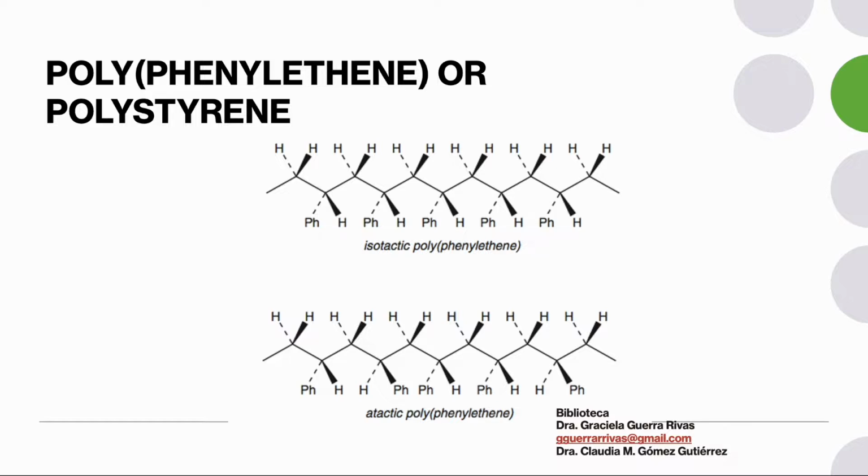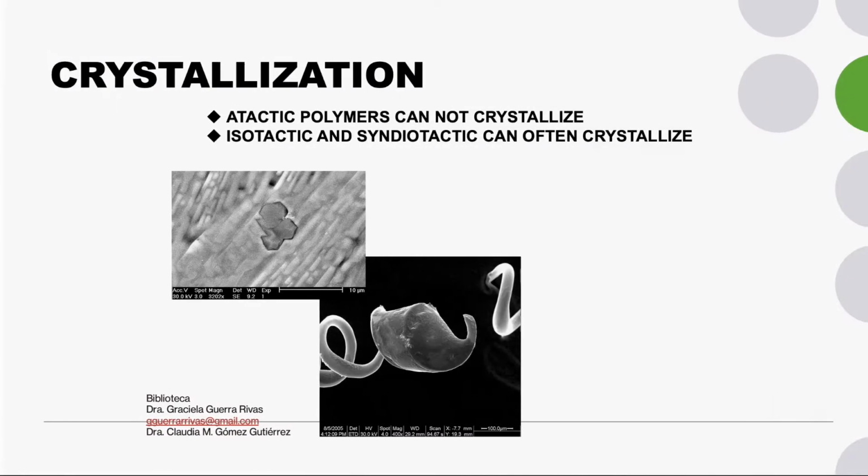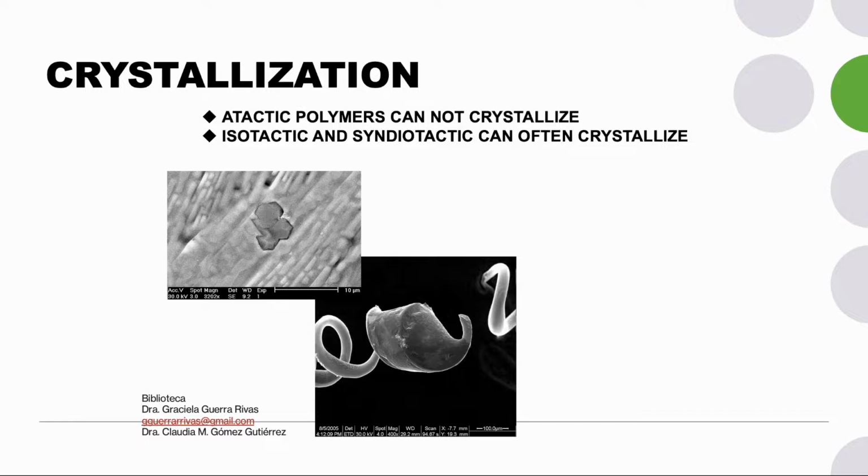Tacticity affects the physical characteristics of the structure in terms of crystallinity. Crystals have regular structures, and polymers that are isotactic or syndiotactic will be able to solidify into crystalline or semi-crystalline networks.